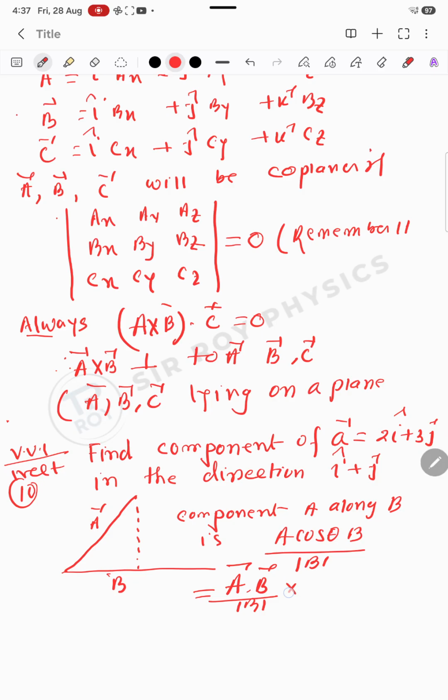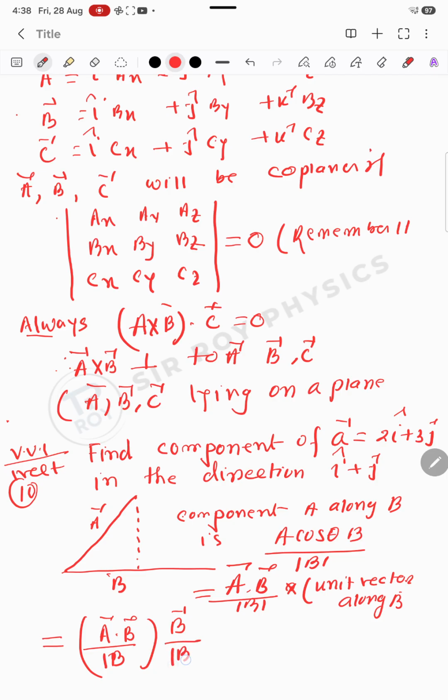Into unit vector along B. That means A dot B, that is the magnitude part, and unit vector along which you are going to calculate the component. That means along B, so you write down B vector by B mod.